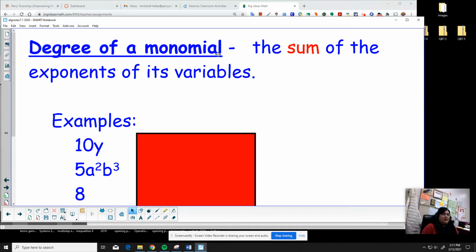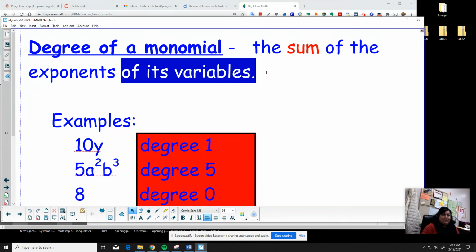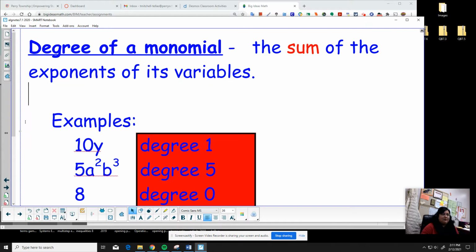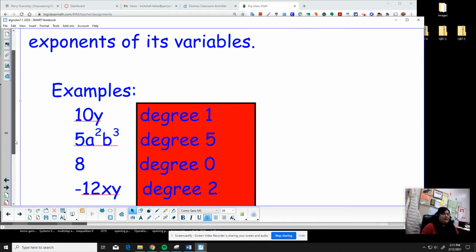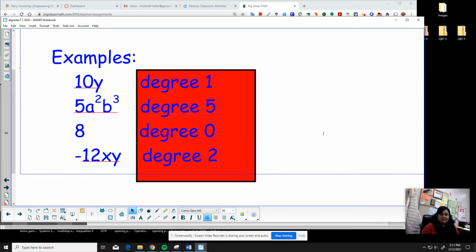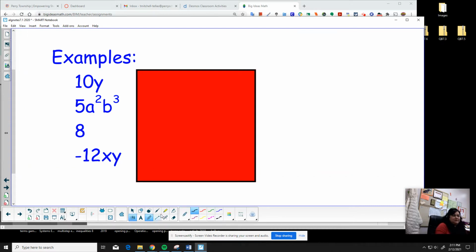All right, the degree of a monomial. Press pause and write the definition down. It's the sum of the exponents just of the variables. Just of the variables. So if I look at this, I accidentally clicked it so you can see all the answers, but this is degree 1, because the exponent has a degree of 1.